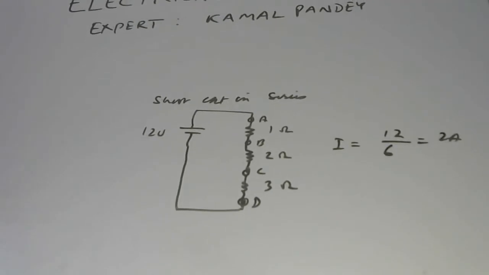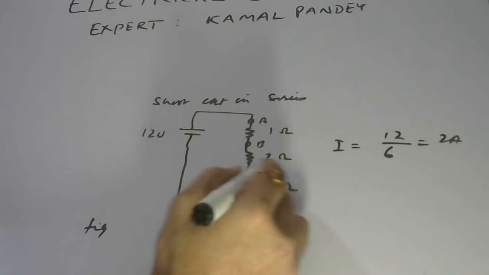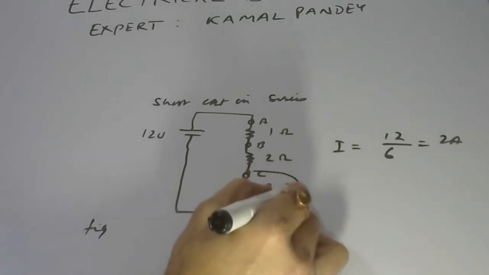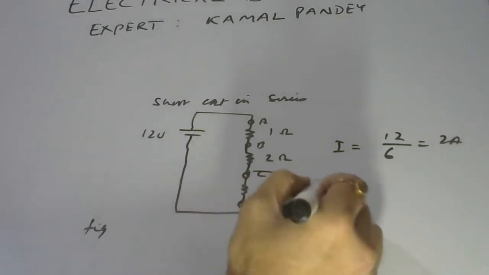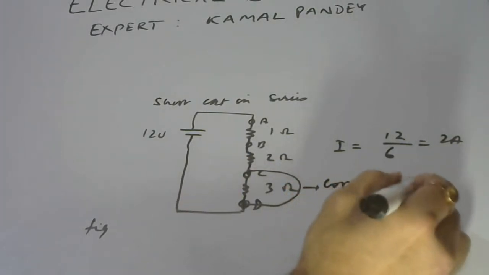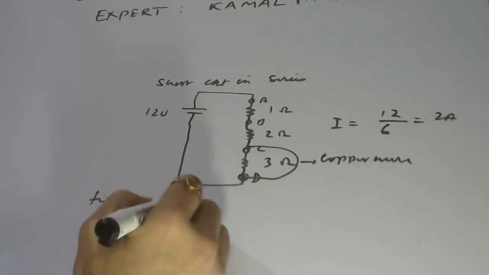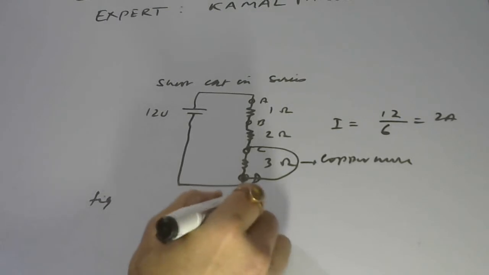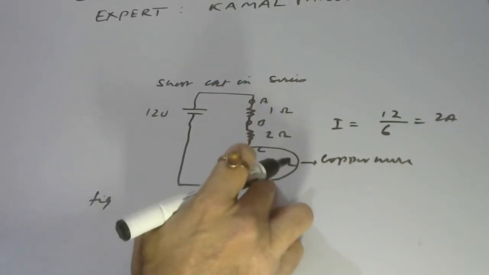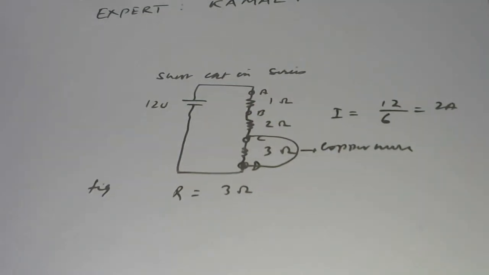Let us make a short. Next part, figure 2. In 3 ohm resistor, like this, we make a short with the help of copper wire. Then the resistance of the circuit R become 3 ohm because this resistor is of no use, all the current will flow through this short part.